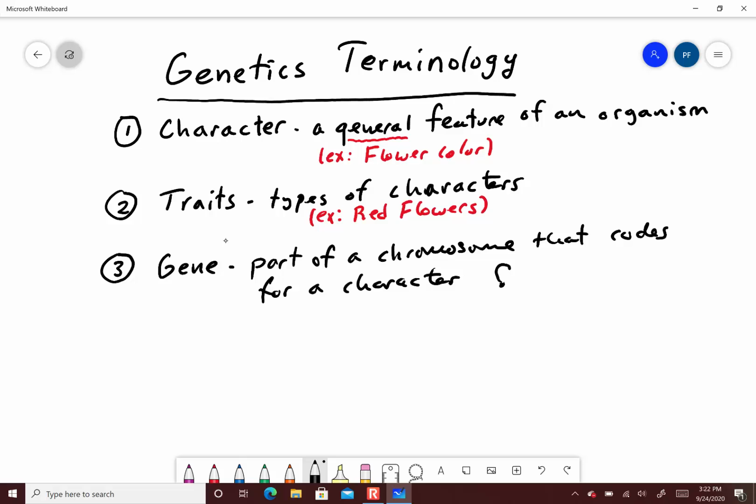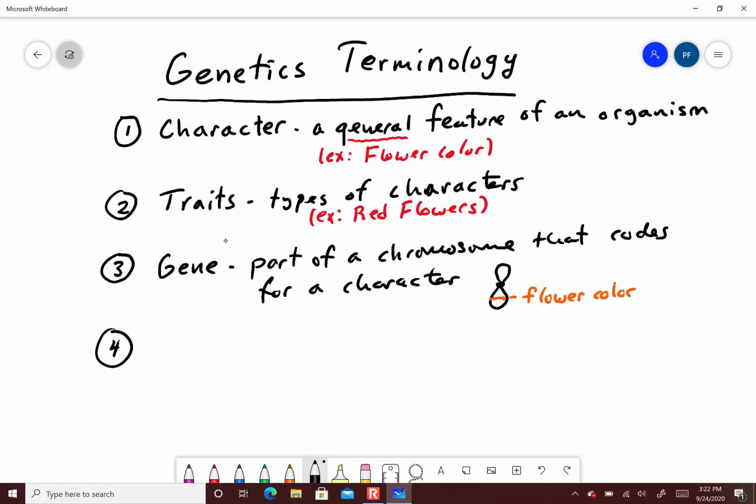Remember in the past we drew chromosomes that just kind of look like this. Now what we're saying is one specific piece of that chromosome, which I've colored in orange here, would be for one particular character, like flower color. That means the DNA for flower color would be in that particular part of the chromosome, and that part of the chromosome is called a gene.